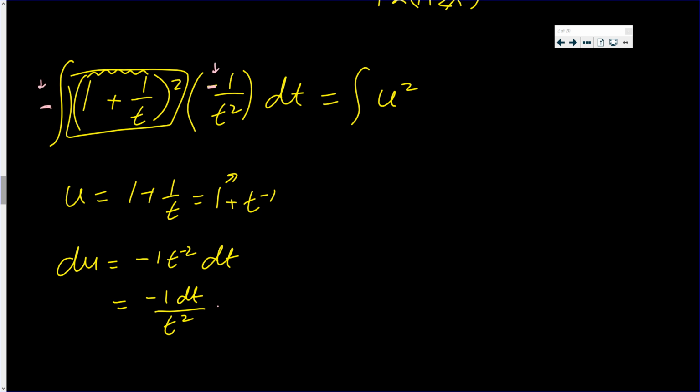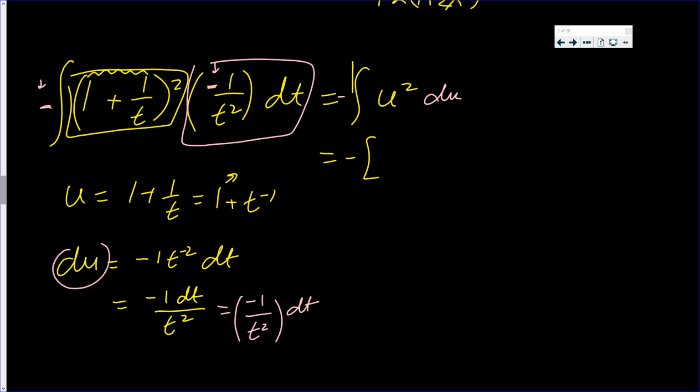This is nothing more than negative 1 over t squared times dt. Well, that's du. This part right here is du with a negative in front. But that's a simple integral. The negative stays. This integral is u cubed over 3 plus c.